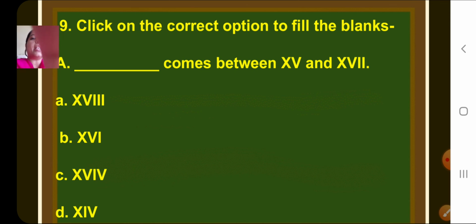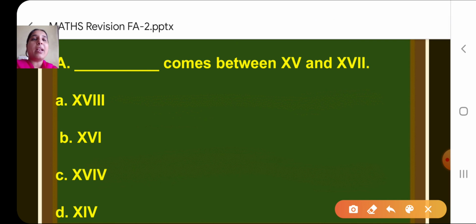Now question number 9 is, click on the correct option to fill the blanks. So you can see the blank space is there. Dash comes between XV and XVII. Now what does it mean? What is XV and XVII? So let's convert them to Hindu Arabic numbers first.